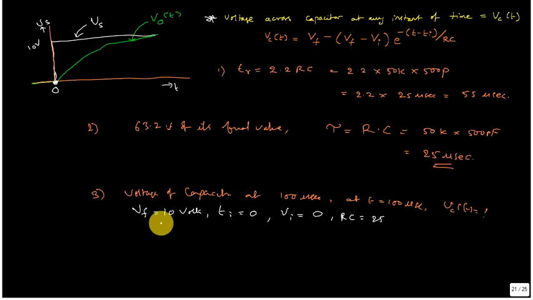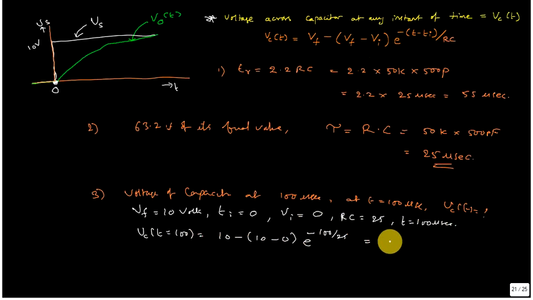So Vc of t at 100 microseconds: in this equation, substitute all these values with small t equal to 100 microseconds. So this becomes 10 minus 10 minus 0 into e power minus 100 divided by 25, so it will be 10 into 1 minus e power minus 4.